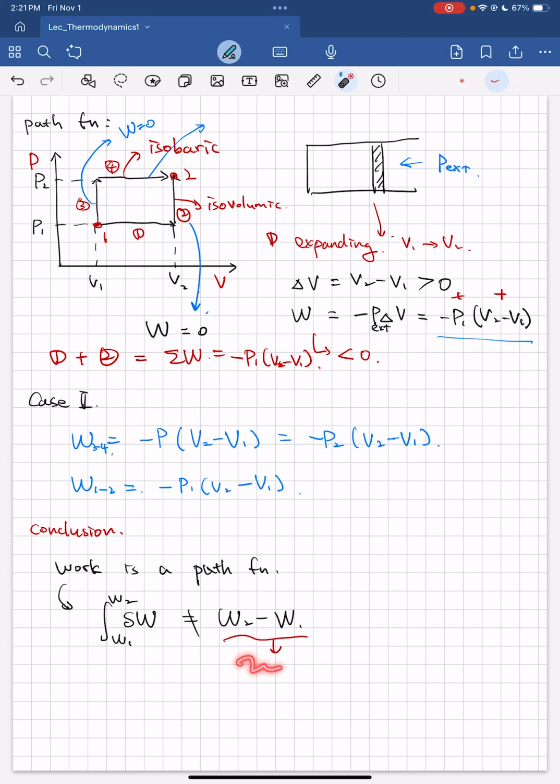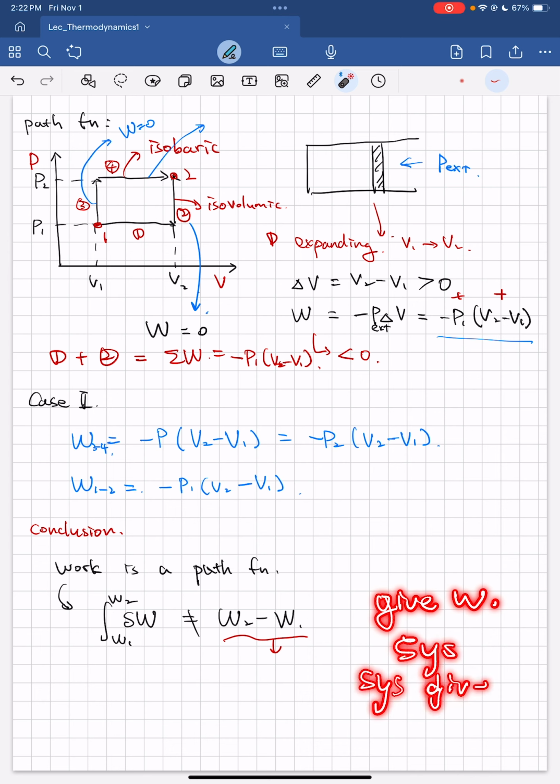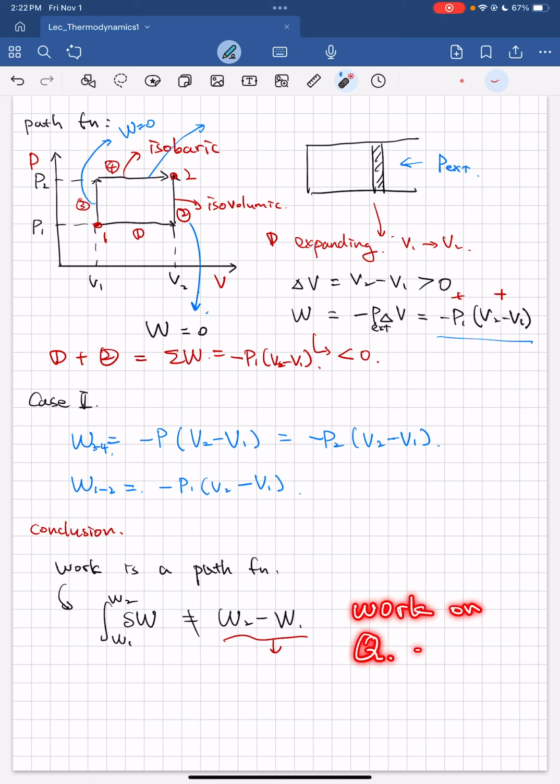There is no work of a system. There is temperature of a system, there is pressure of a system, but there is no work or heat of a system. You give work to a system, or the system gives work to the surroundings.